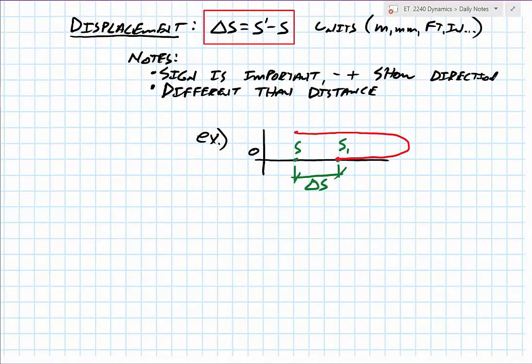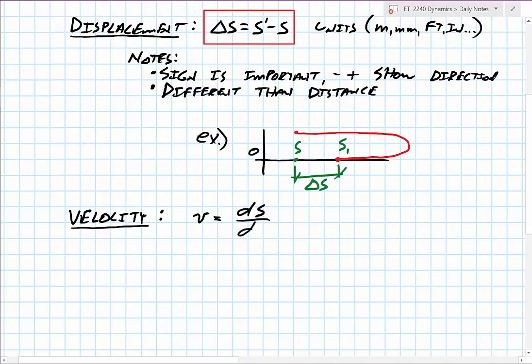After we know about displacement, the second term that we need to define here is velocity. And velocity is really just how quickly this displacement occurs. So for our second equation, lowercase v is equal to our change in displacement, ds over dt.